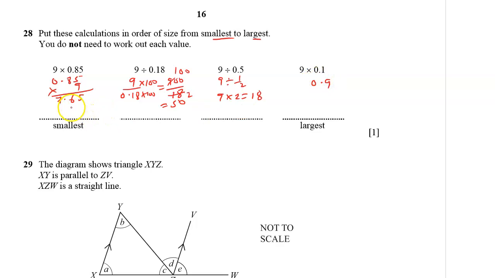So let's check. This is the greatest, right? So the greatest is 9 divided by 0.18, followed by 9 divided by 0.5, then 9 times 0.85, and then lastly 9 times 0.1 is the smallest.